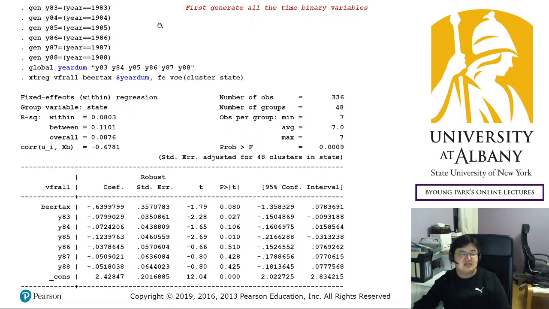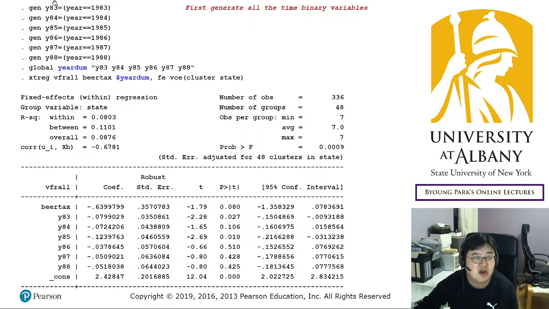This is that. You need to generate the dummy variables. So gen, short for generate, defines a new variable y83, which is defined on a logic. Year equals, so this is a conditional equality.